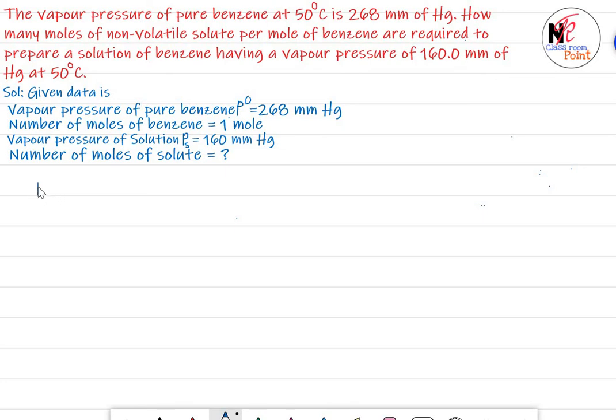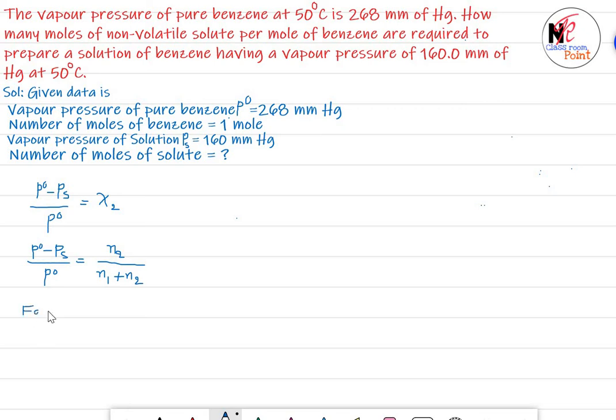According to Raoult's law, (P naught minus PS) by P naught is equal to the mole fraction of the solute. For dilute solutions, it can be expanded as (P naught minus PS) by P naught equals the mole fraction of solute, meaning the number of moles of solute by the number of moles of the solvent plus the number of moles of the solute.